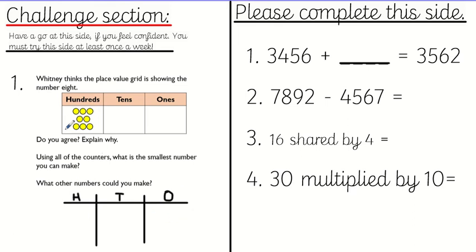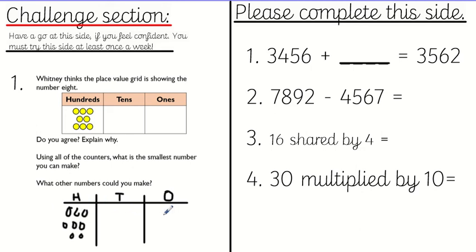So you could start with the counters in the same place as the ones above. You could start with it in the hundreds column. 1, 2, 3, 4, 5, 6, 7, 8, and there's your first number. Now if we're thinking systematically, that's about moving it with a system. So you could move one counter at a time into maybe the tens column first, move all of them but one into the tens column.